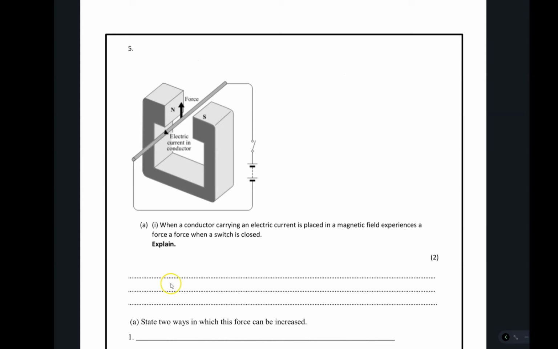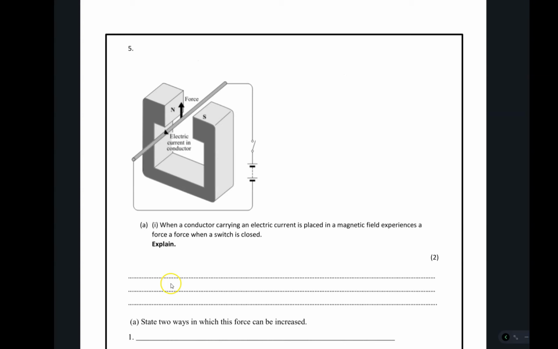We are supposed to explain why that happens. Why does a conductor experience a force when it's placed in a magnetic field? If this is one of the questions that you usually find difficult, I need to give you a very precise answer that you are supposed to give.